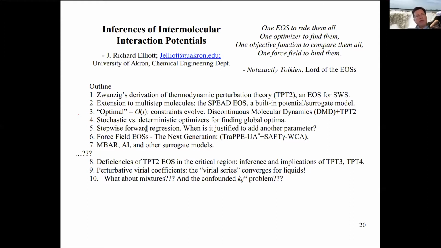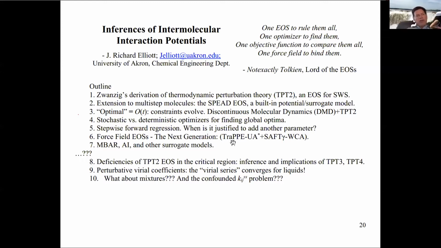Before you decide to keep those new parameters, you ought to test whether objectively you have improved your model in a meaningful way. And it's easy to get confused about that. The standard statistical test for doing that is called an F-test, and that has a problem that I'll talk to you about. Then I'll outline that all of these are things that we were able to do with this SPEAD approach.